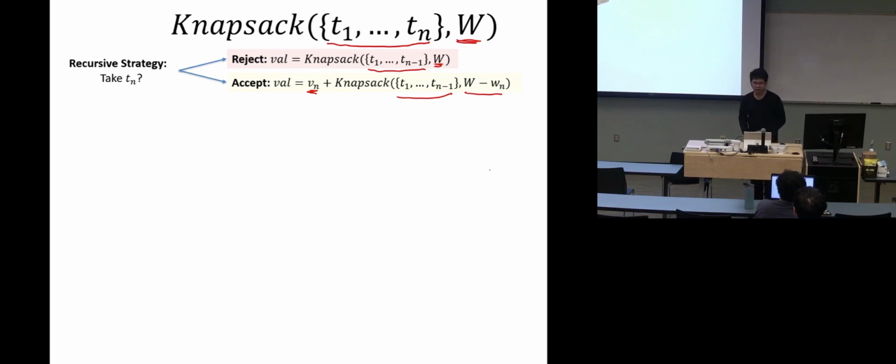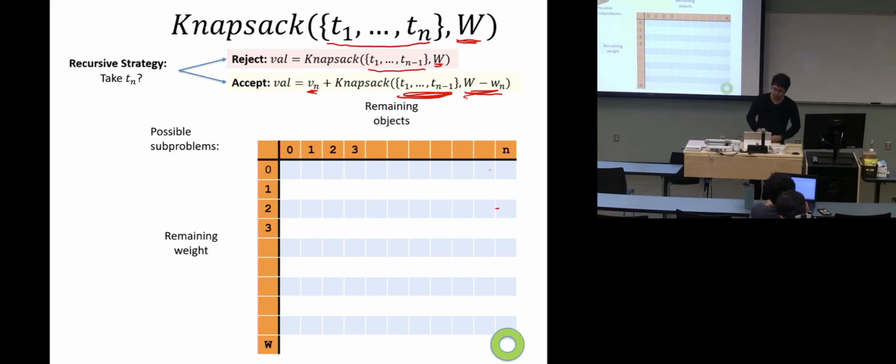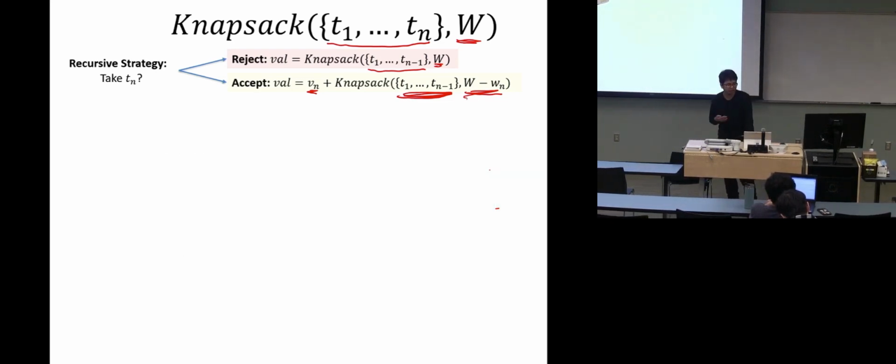So there are only n times W many subproblems you're going to look at. Because again, you only look at the prefix of things. There are n many prefixes. And W here can range from 0 to W. So that's the first step: you get a recursive formulation with a small number of subproblems.